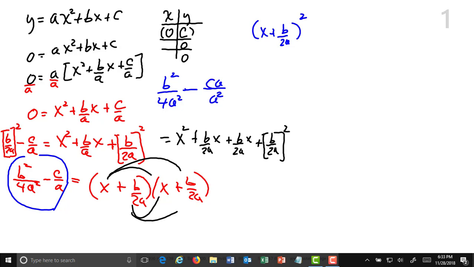And here's my C. You see my C? But I need a 4 here, and I have to have a 4 here. Do you see? Now I have a common denominator, don't I? Somebody say I do. A 4A squared, do you see it? And over here I have B squared minus 4AC. I just changed the order of the A to C. Yes? Well, that's what this side's equal to. B squared minus 4AC all over 4A squared. True?